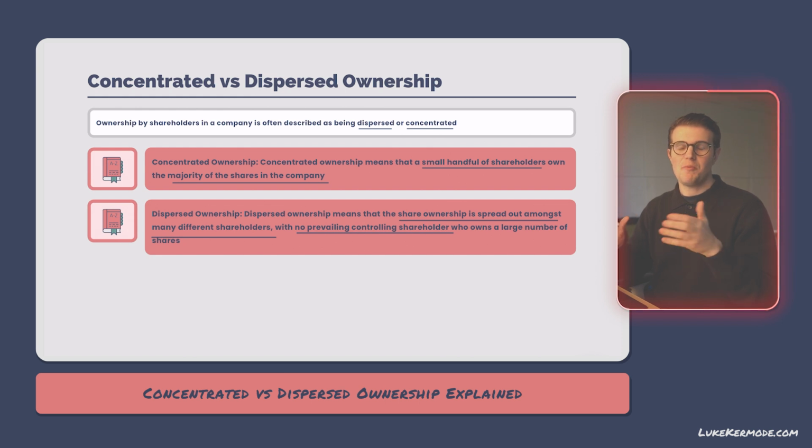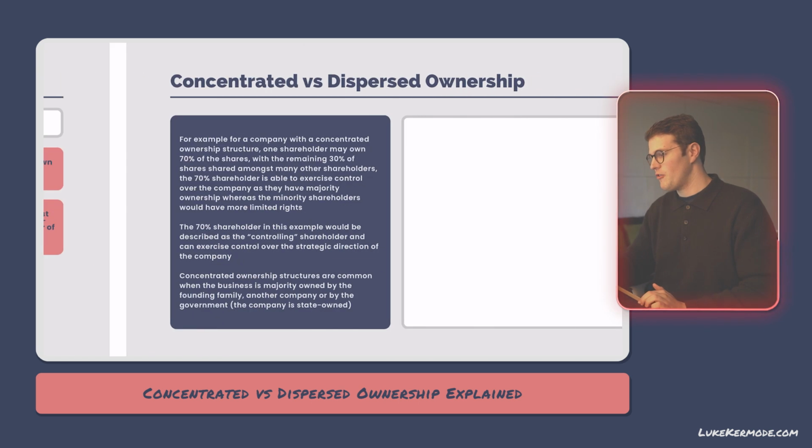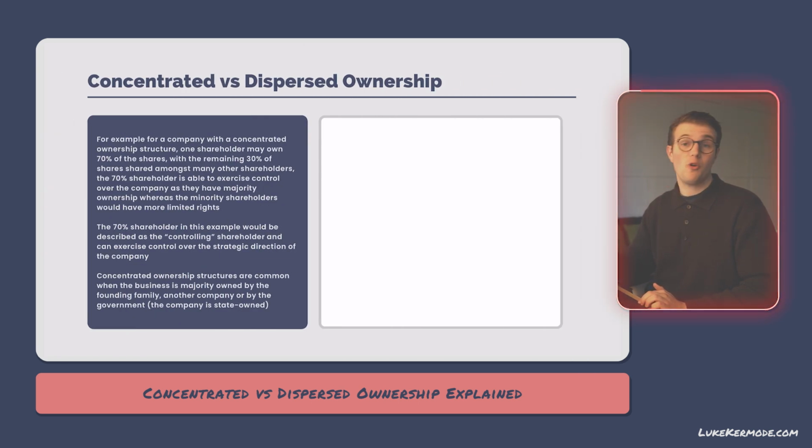A concentrated ownership structure is one where there's one or a few dominant shareholders that own material amounts within the company, and a dispersed ownership structure is one where there's no clear dominant shareholder that owns a material amount of shares within the company. So let's just look at a very quick example to make this super clear.